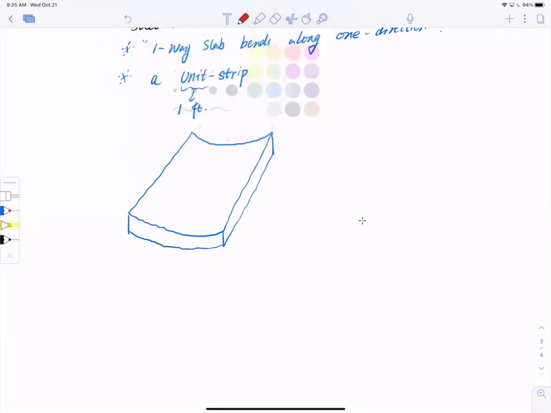And it sits on the support right here, along the whole thing. You need a support.